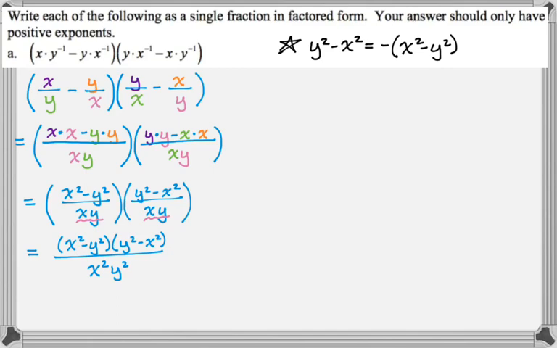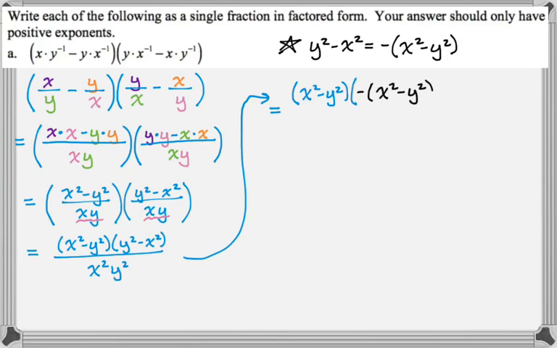So I'm going to use this fact to rewrite the fraction that I have. I'm going to keep my x squared minus y squared. I'm going to replace the y squared minus x squared with the opposite of the quantity x squared minus y squared, and then keep the denominator x squared y squared.